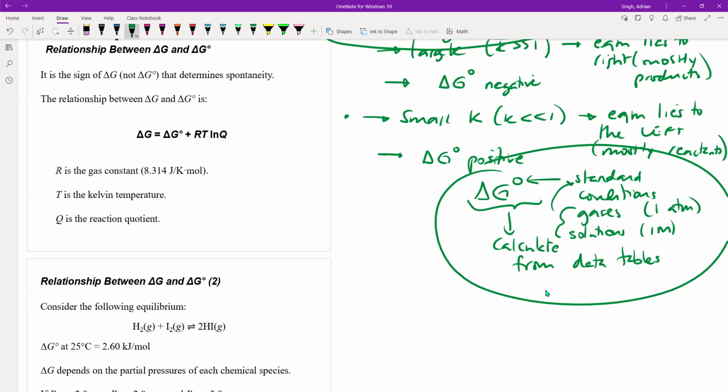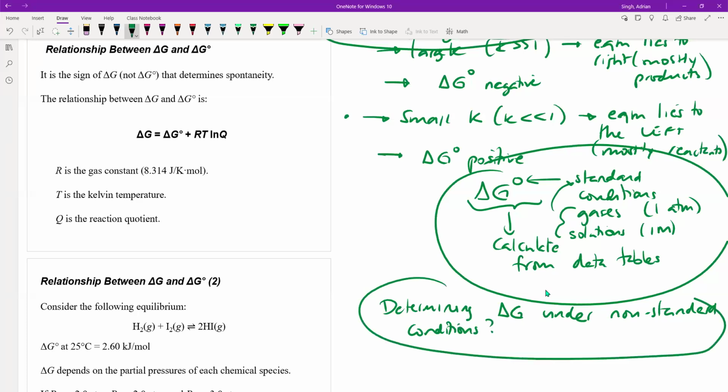In most cases, the answer is no. So how then can we determine delta G under non-standard conditions, which is what we're encountering most of the time? This is a very important question that we need to find the answer to.